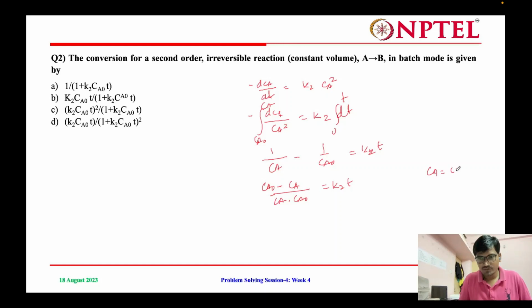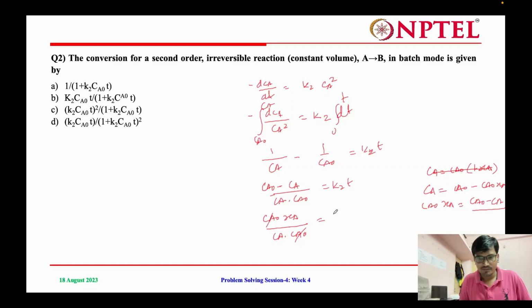As we know, CA is equal to CA0 (1 minus X). So put this in these equations: CA0 XA equal to CA into CA0 k2 t, and CA0 gets cancelled.